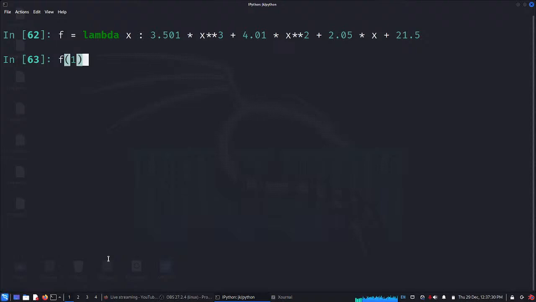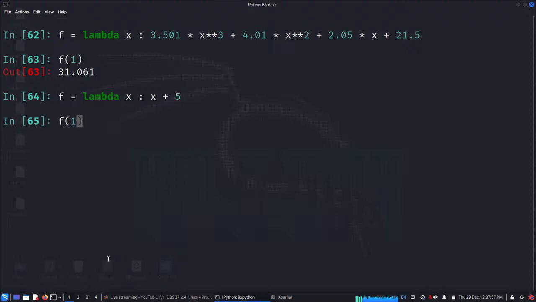If we want, we can write a simple one. Let's say f equal to lambda x: x plus 5.